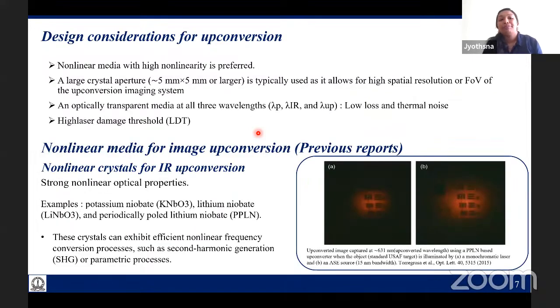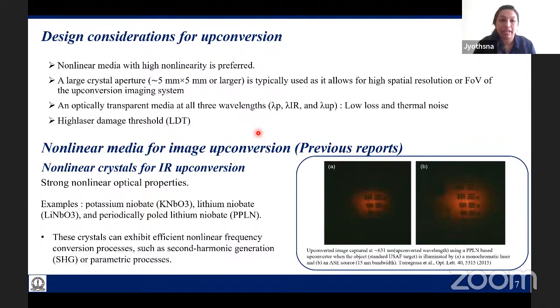First, let's understand the design considerations for upconversion systems. A nonlinear media with high nonlinearity is preferred. Whatever process you're trying to study, we need a material with high nonlinearity, and the material has to be uniform.